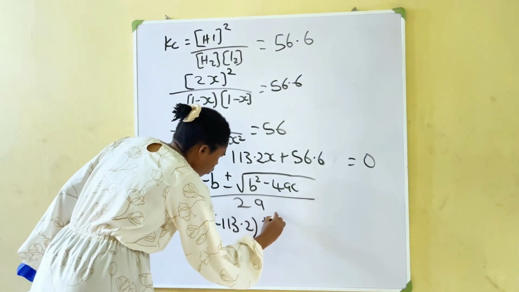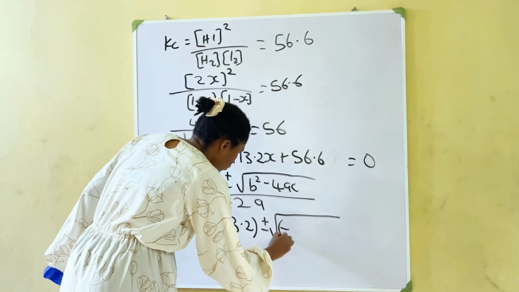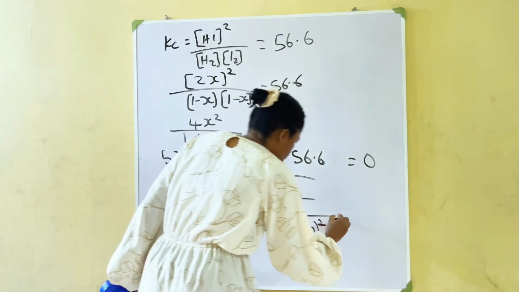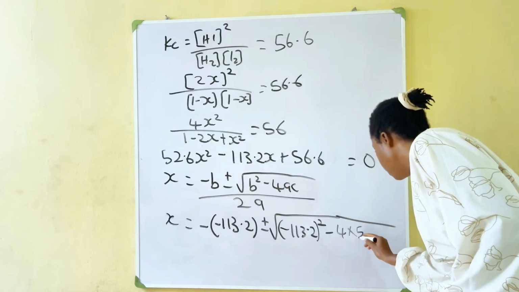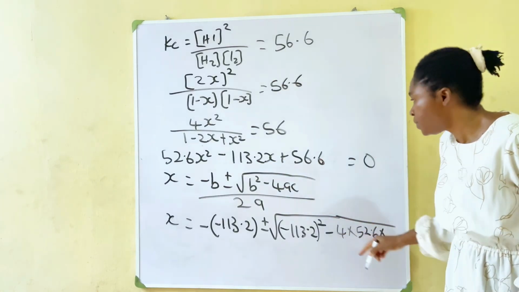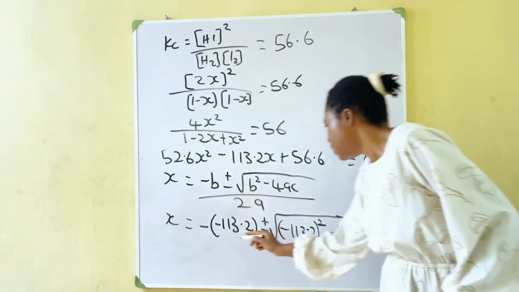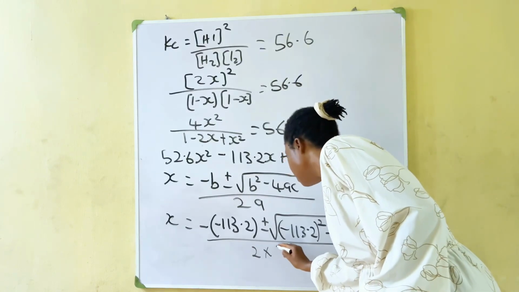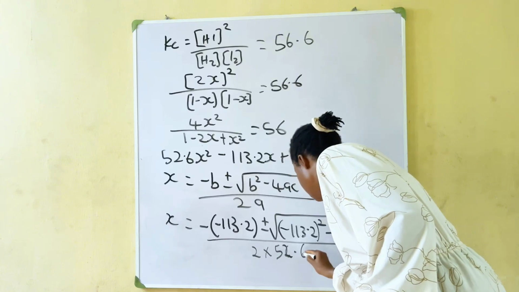What is a? 52.6. What is c? 56.6. So x equals 113.2 plus or minus the square root of 113.2 squared minus 4 times 52.6 times 56.6, divided by 2 times 52.6.